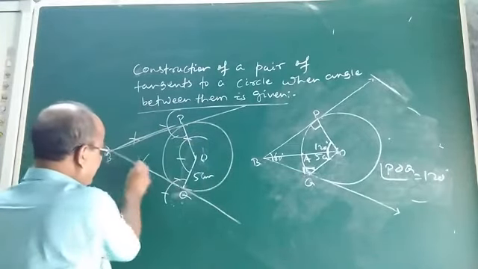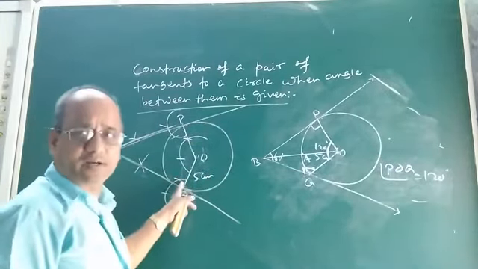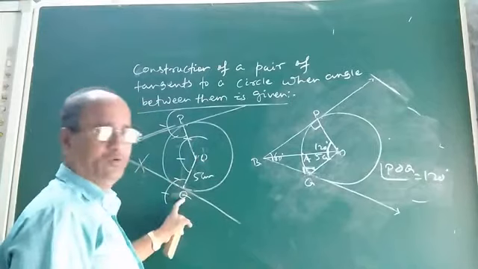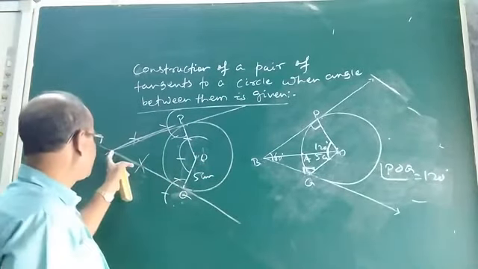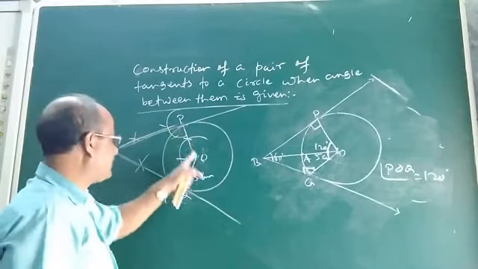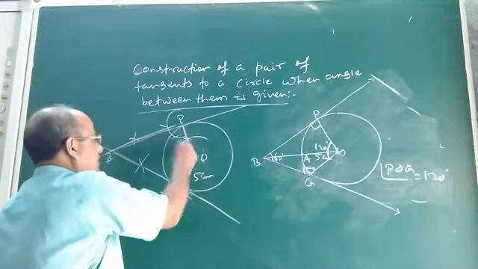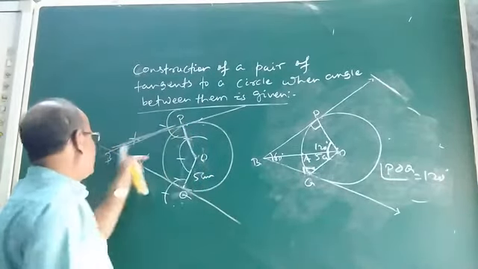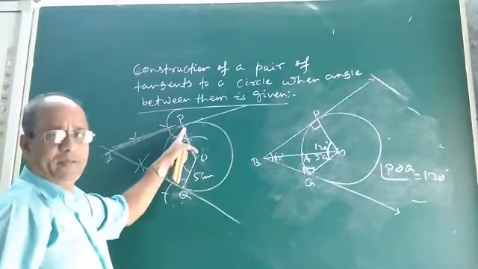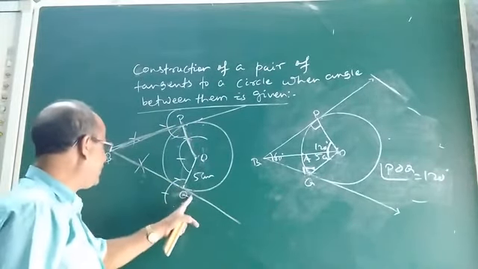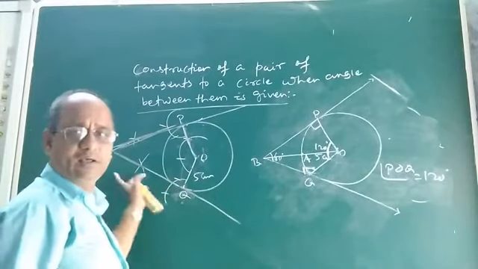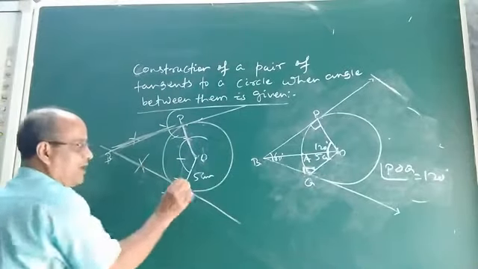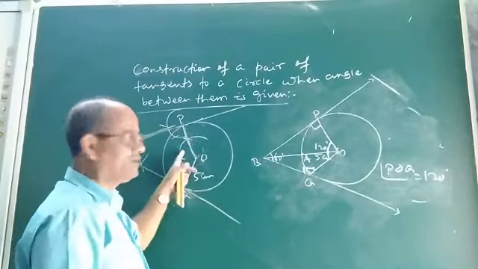Similarly, the angle between BQ and OQ is also 90 degrees, because we have constructed 90 degrees at P and Q. If the angle between the radius and this line is 90 degrees, then no doubt BP is a tangent to the circle at the point P. Similarly, BQ is also a tangent to the circle at the point Q. That means BP and BQ are the two required tangents drawn to the circle.